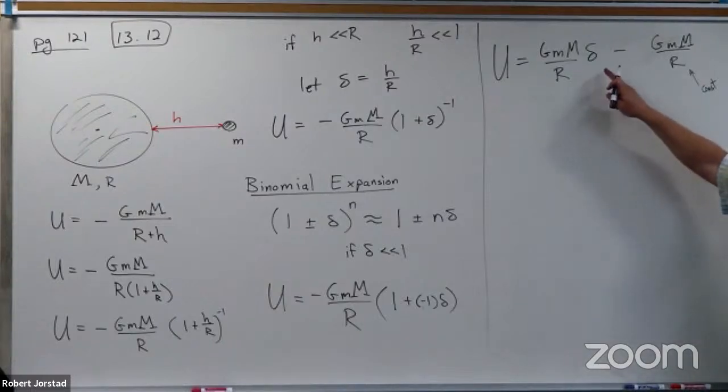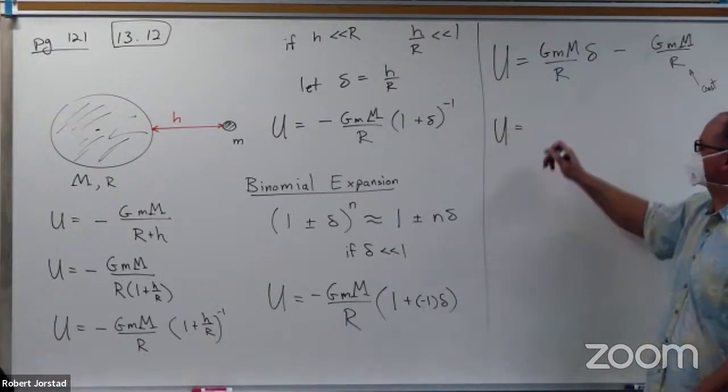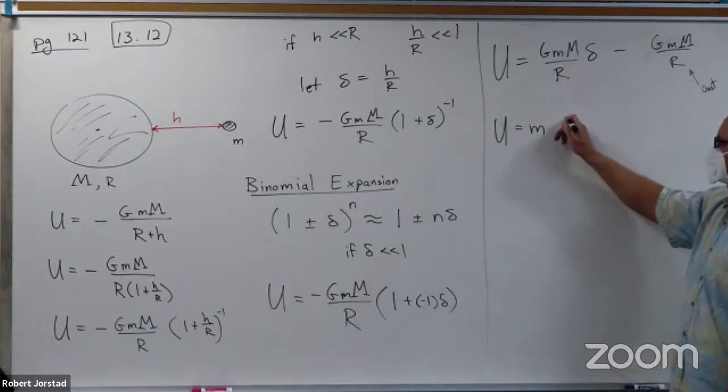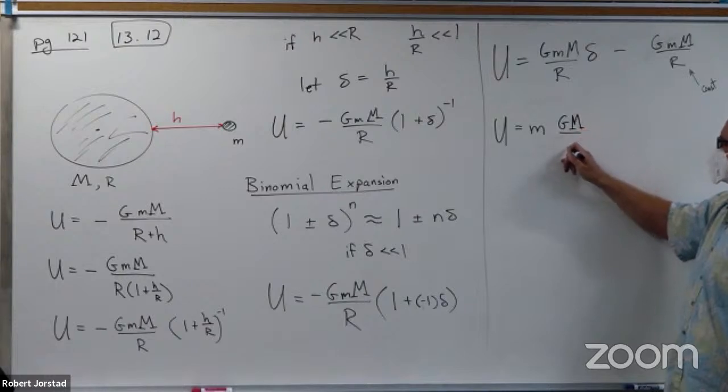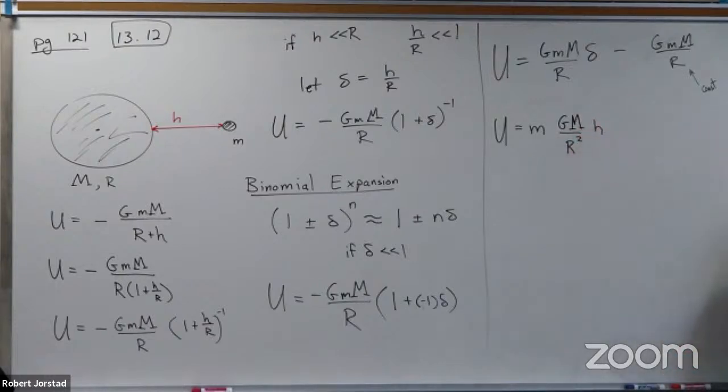Wait. What is this? This is the good part. It's going to be m. Just bringing that forth. I've got a G M over R squared times h. You agree? Delta was h over R. You buy that.